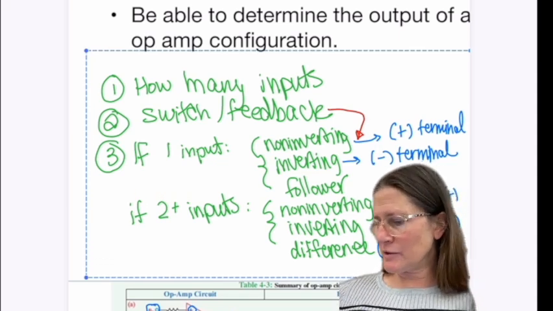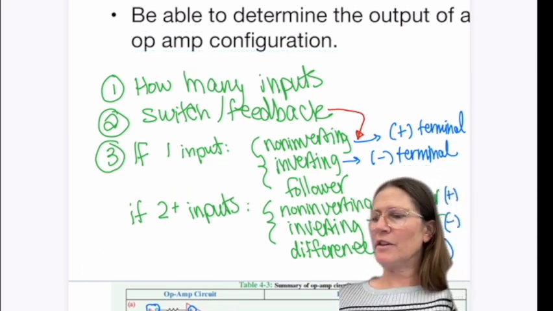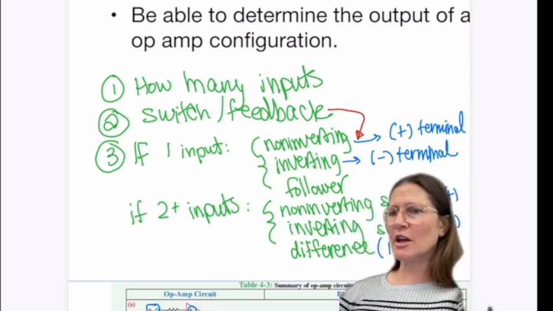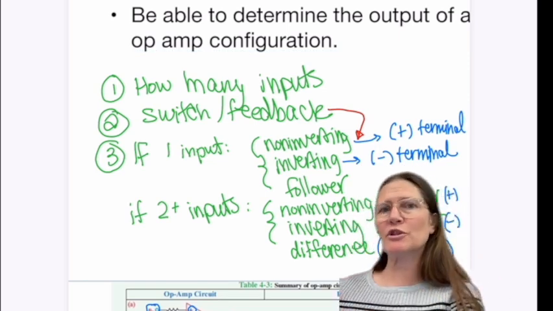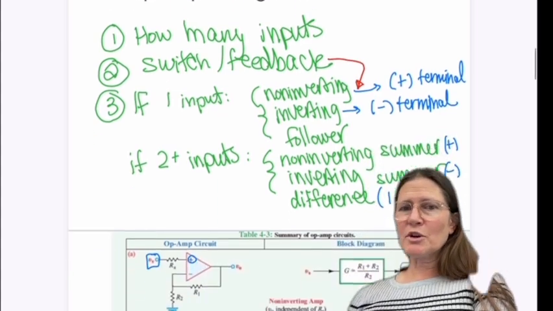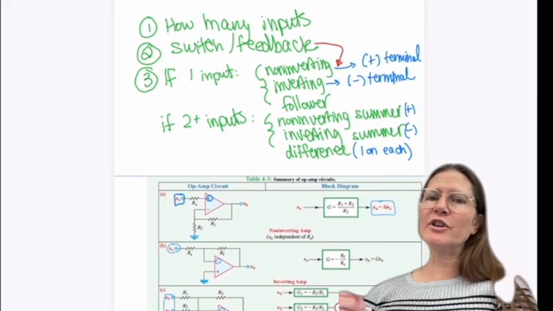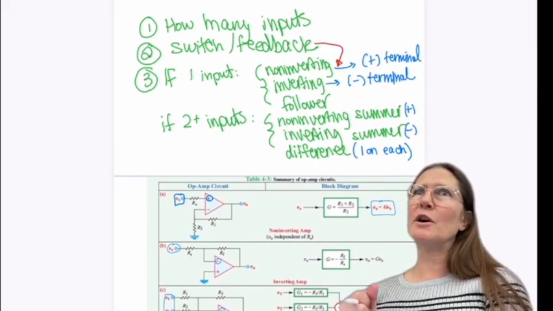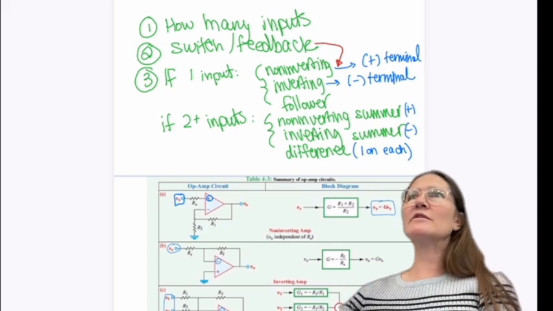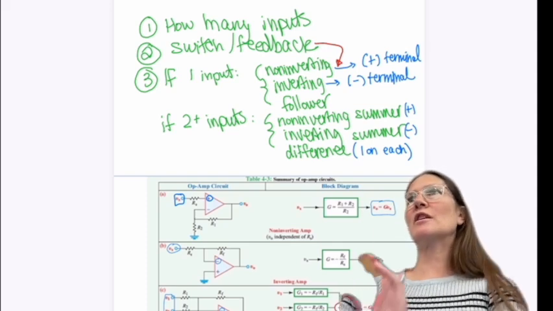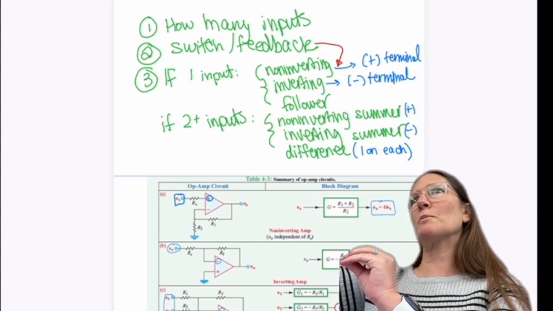If it has one input, then you have a non-inverting or inverting, and you have to look at which terminal it goes into. For 2 inputs, you're going to have a non-inverting summer, inverting summer, or difference op-amp. So looking at, does it go into the positive, does it go into the negative, or do you have signals that go into both?